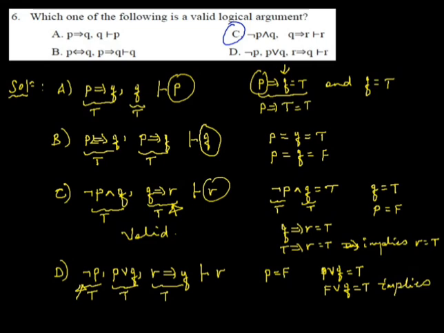Q is necessarily true. Okay, let us use the third premise. Q is true. So R can be anything. R implies true is true, whether R is true or false. So we cannot draw any conclusion from these premises. So our answer will be C.